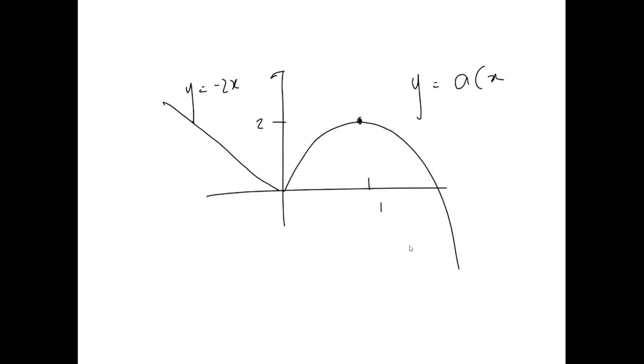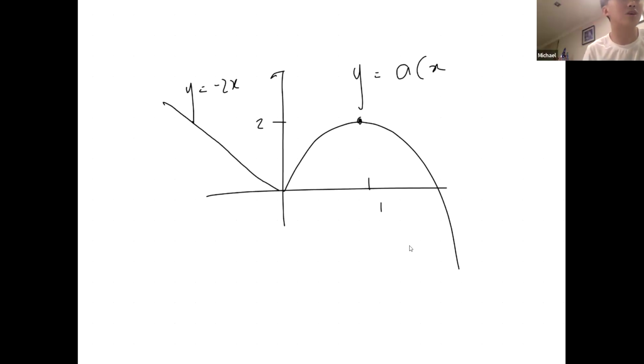Actually, a is deterministic. A is a value because we already got 0, 0 there as well.